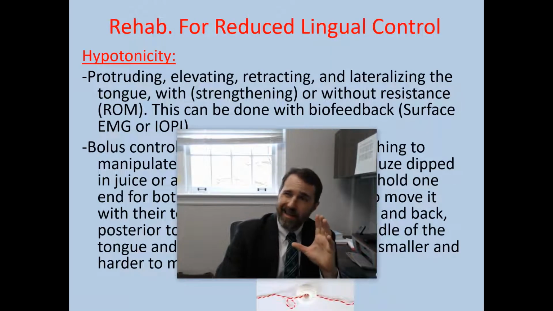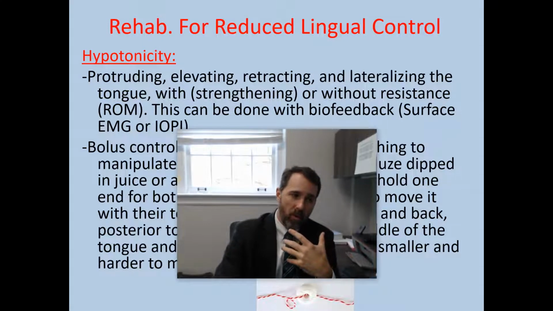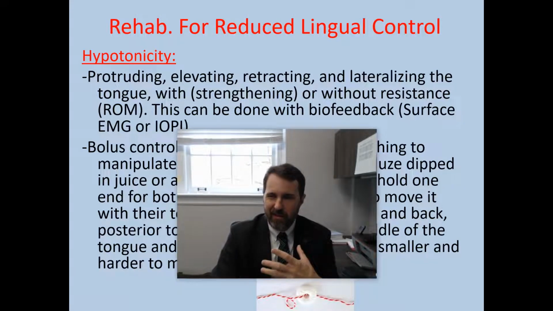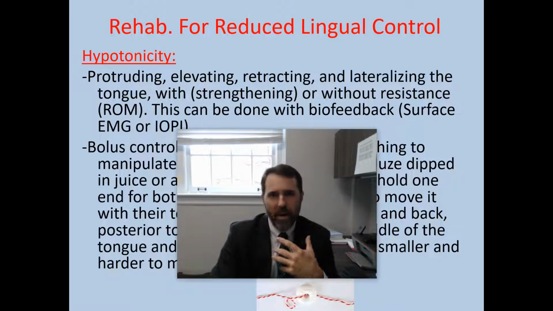For your patients that have reduced lingual control due to flaccidity, hypotonia, then once again, you want to work on drill repetitive exercises to increase the strength of that structure, increase tonicity, and wake that tongue up.